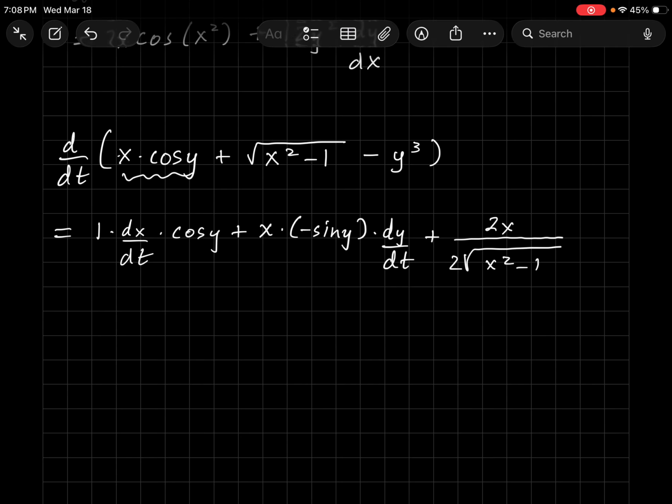But I took the derivative of x with respect to t, so I need a chain rule of dx dt. And one last piece, I'll put it down below. So minus, I know that the derivative of y cubed is 3y squared. But my variable doesn't match. I have y with respect to t, so I need to take the derivative, or the chain rule, dy dt.